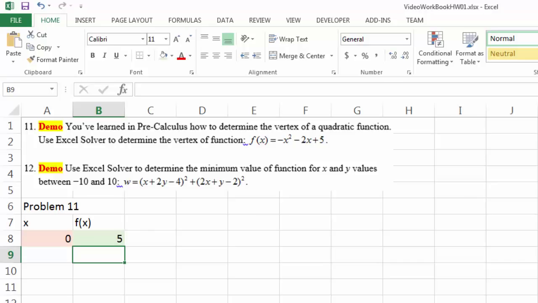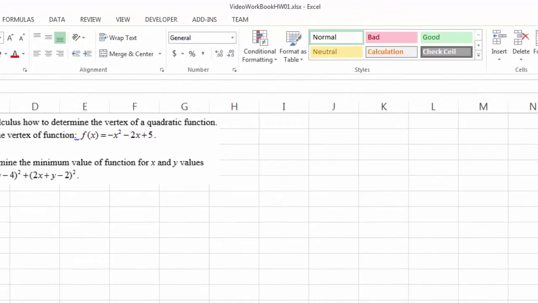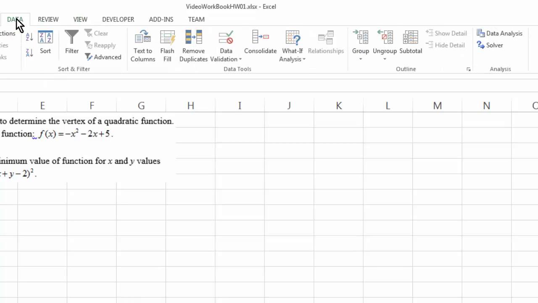Okay, now, how do we determine the minimum or the maximum value of this function? Let's assume we don't know if this function has a minimum or a maximum. Previously, in one of the previous examples, I showed how to use What-If Analysis and then Goal Seek to help solve for a specific goal.